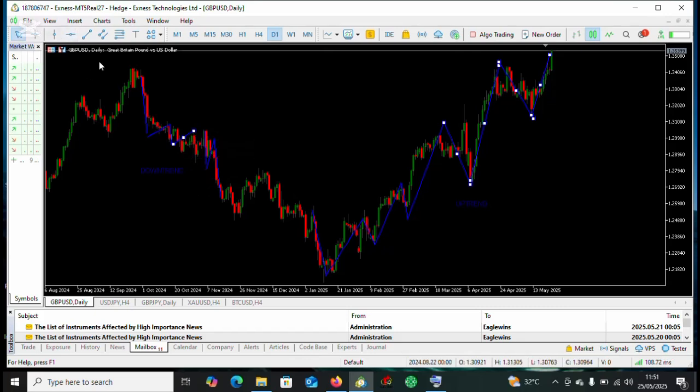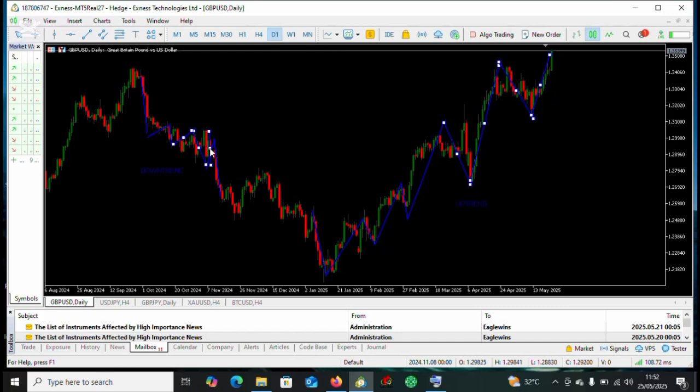So when it continues giving us lower highs and lower lows, it is an indication of a downward movement, which we then call a downtrend, like you have seen here.